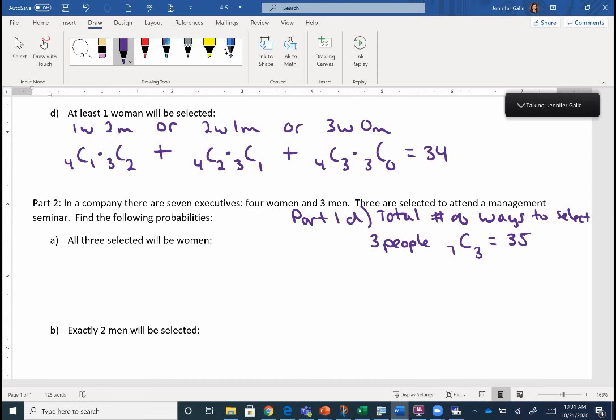Now the complement of at least one woman would be how many women? 0.